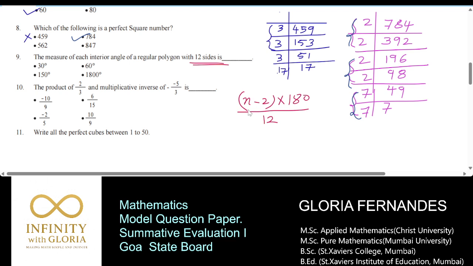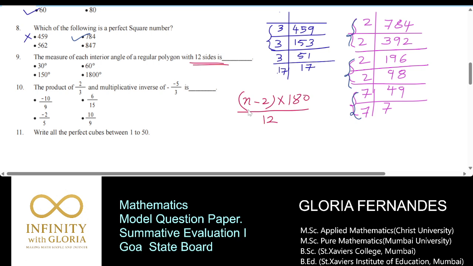Can you do this question quickly without my help? Just try if you are getting the answer. Yes, so you put n as 12 and get the answer. It is just substituting and finding out the values.